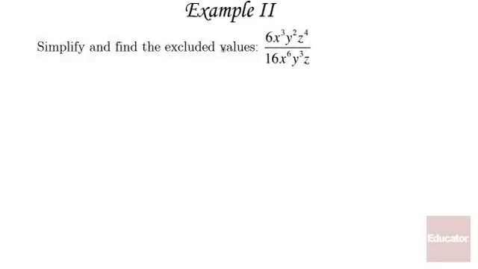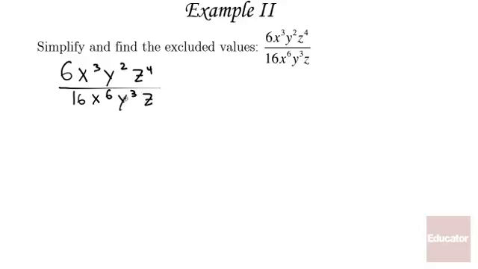Okay, in this second example, I need to both simplify and find the excluded values of this expression. So rewriting it just below, what I need to do is simplify by pulling out the greatest common factor, and you can do a lot of this in your head and cross out, but at first it's sometimes good to write it out.